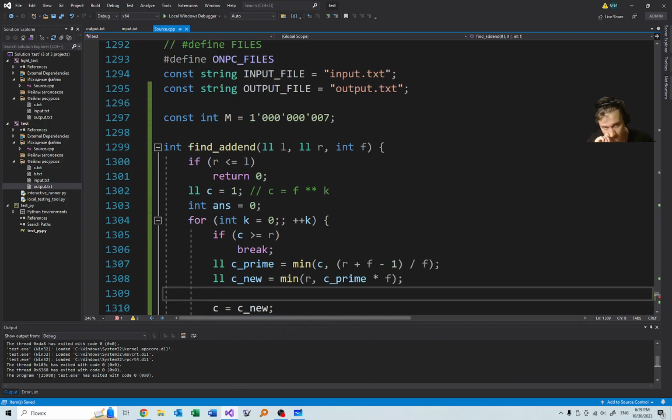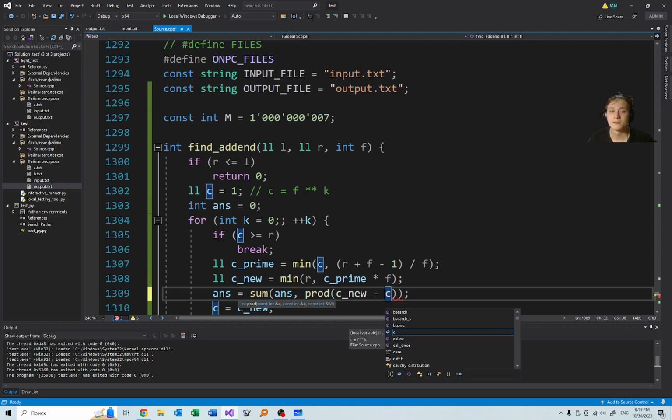And here we need to add once the number of numbers which are in our current segment, which are like C nu minus C times this number.